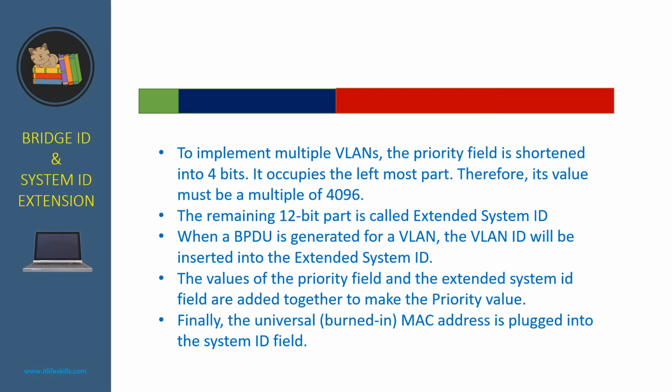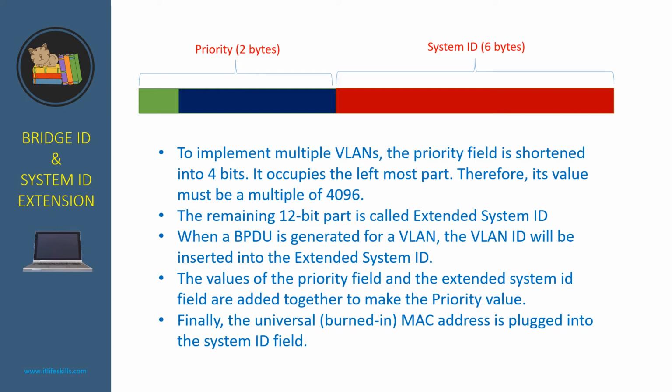Now let's analyze how Rapid Spanning Tree Protocol implements multiple VLANs via bridge ID. As you may remember, bridge ID contains two fields. The priority field has 2 bytes and the system ID field has 6 bytes.